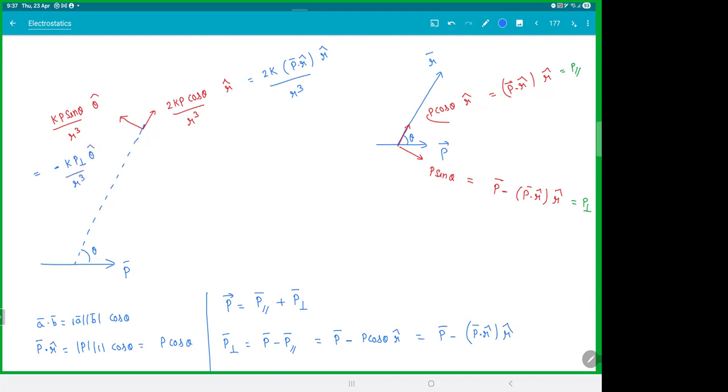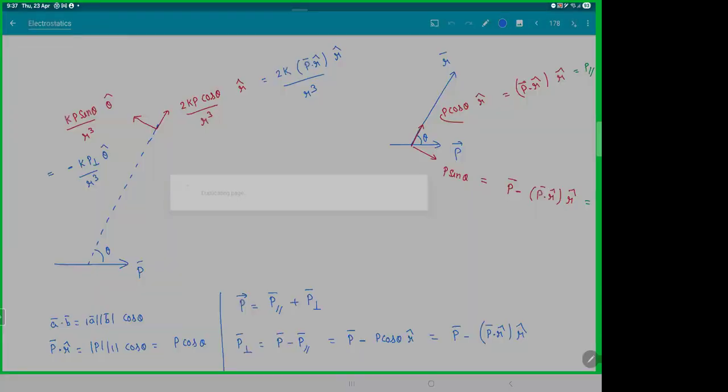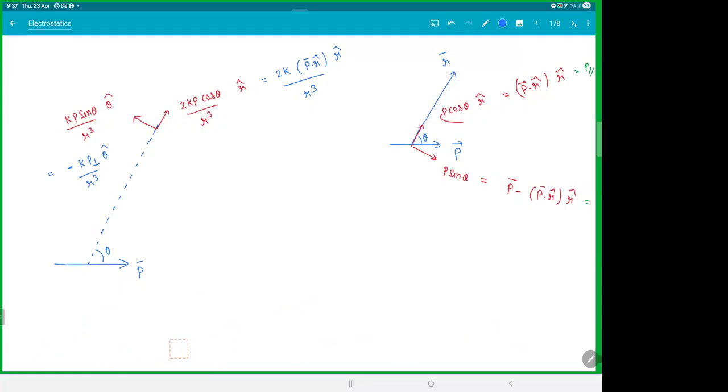So if you add this, 2k p bar dot r cap r cap by r cube minus k p perpendicular, which is p bar minus p bar dot r cap r cap, by r cube.